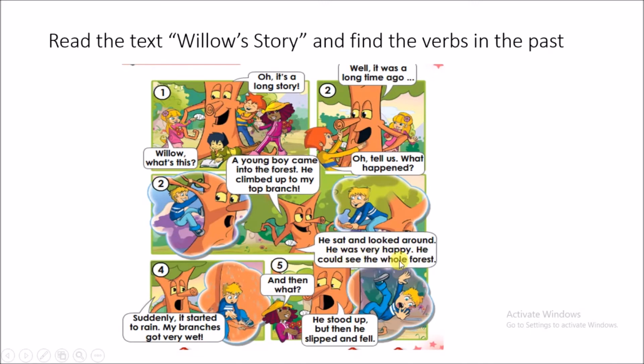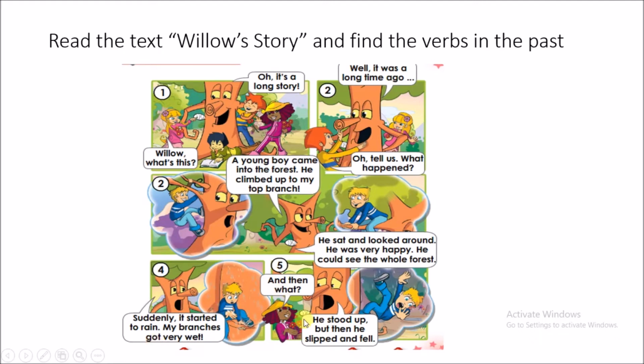He could see the whole forest. Could is an irregular verb. Suddenly, it started to rain. Started ends with ed, so it is a regular verb. My branches got very wet. Got is an irregular verb.